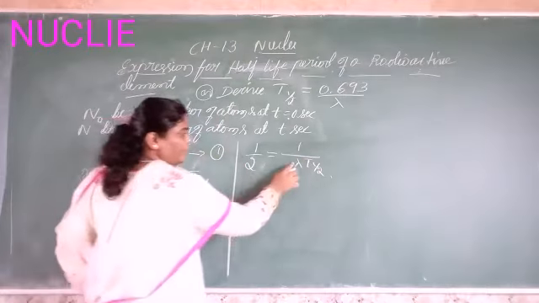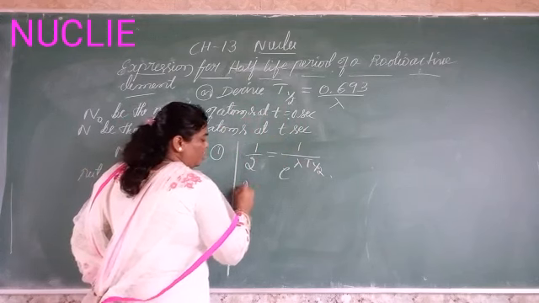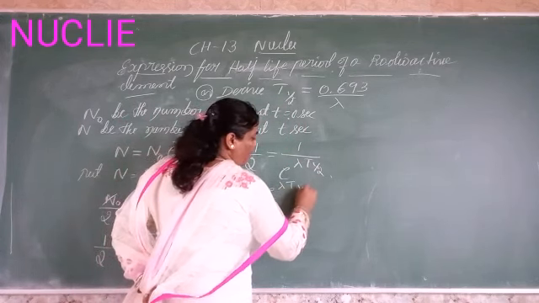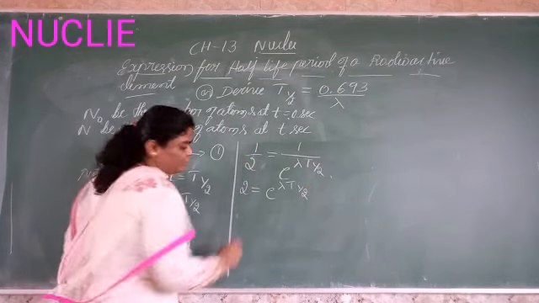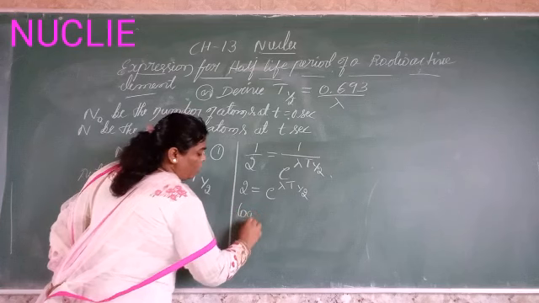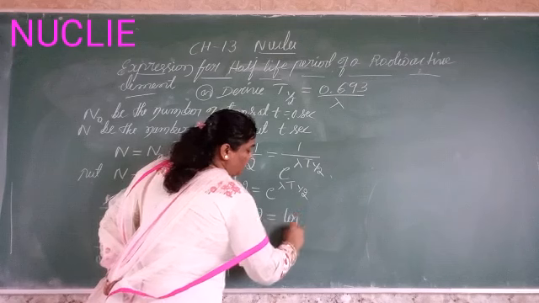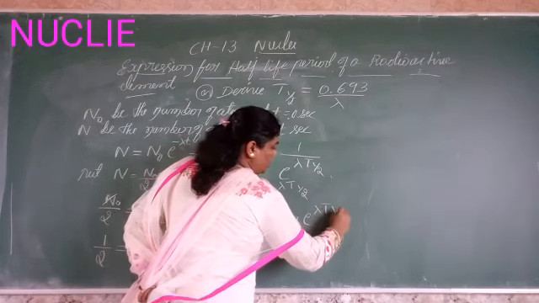The minus sign, when it goes to the denominator, becomes plus. If I take the reciprocal, 2 is equal to e to the power of lambda T half. Now on this equation, taking log on both sides: log base e of 2 is equal to log base e of e to the power of lambda T half.